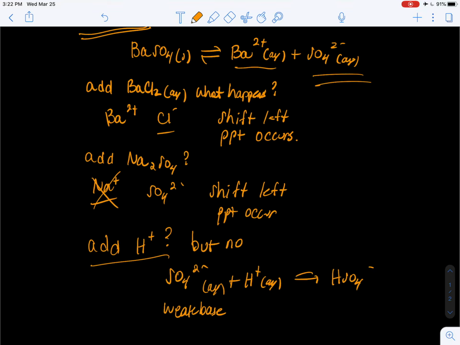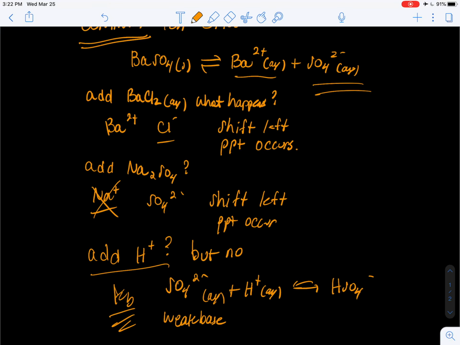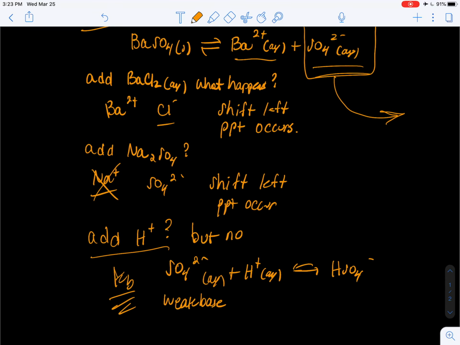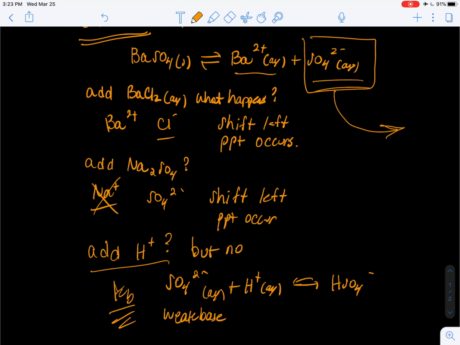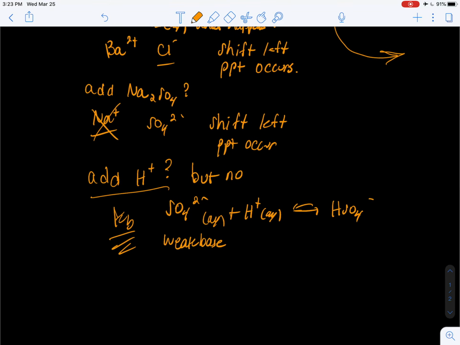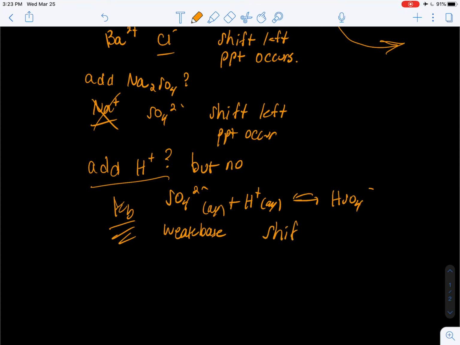According to the KB and all that, there's all this stuff involved. We're not doing the math. But basically, H plus decreases the concentration of sulfate because it removes it. It causes it to react to produce something else. So if you remove one of the substances, the reaction will shift towards the decrease. So this would cause it to shift right. And we would expect this precipitate to perhaps dissolve or go away, or the solid would disappear.